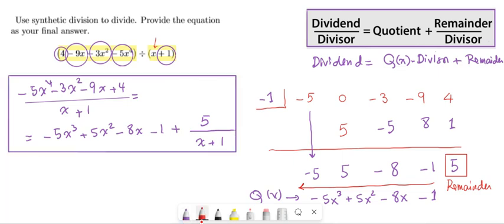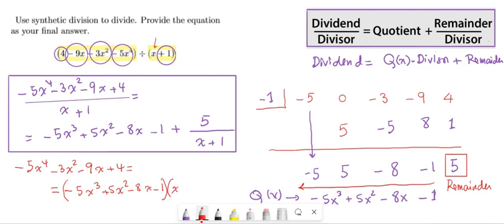So we can write it this way: minus 5x to the 4th minus 3x squared minus 9x plus 4 equals the quotient, which is minus 5x cubed plus 5x squared minus 8x minus 1, in parentheses, multiplied by the divisor, which is x plus 1, plus the remainder, which is 5. And this is the second way you can express it.